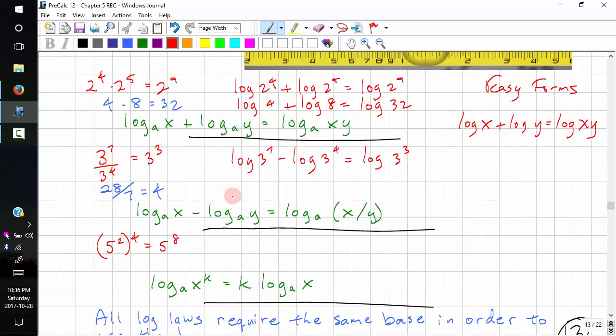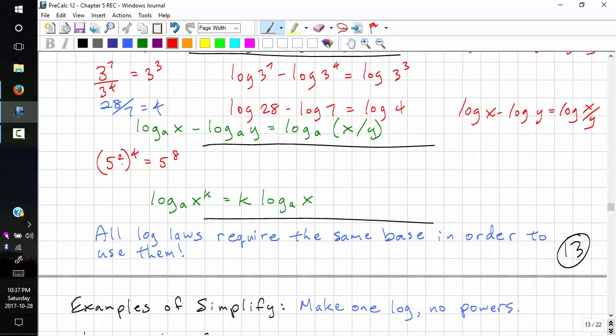And here, if we have log 28 minus log 7, that equals log 4. And the most general form, log base a of x minus log base a of y equals log base a of (x divided by y). And again, our general form would be log x minus log y equals log x divided by y.